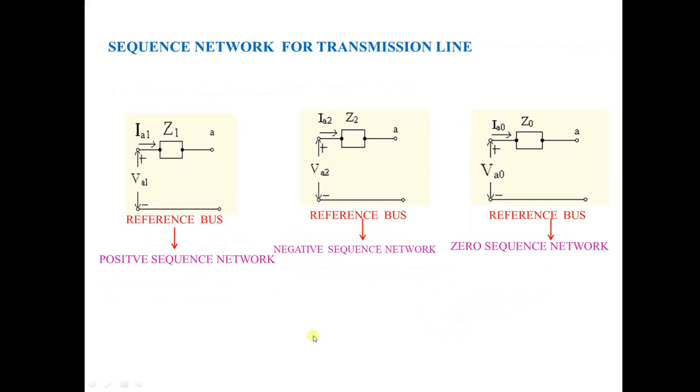Next, for the transmission line, positive and negative sequence will be equal, and the zero sequence may be equal to 3 times the positive sequence if the value is not given. This is for the transmission line.